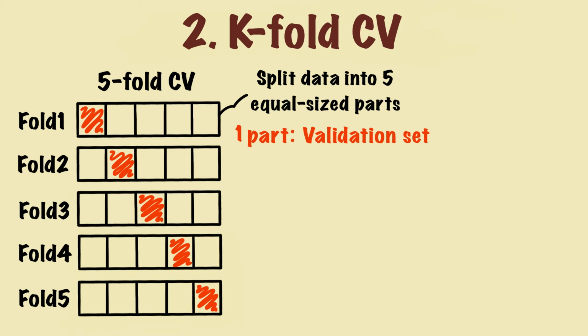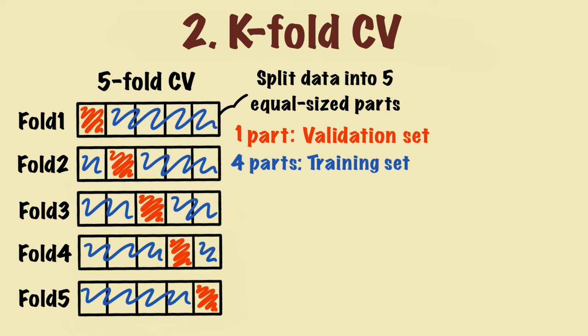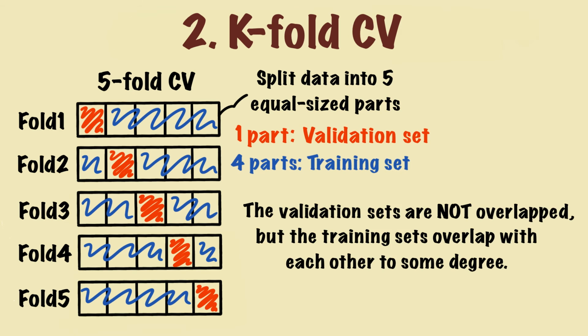Okay, the idea is we use one subset as validation set, and the subset we use is different in each fold, and all the remaining subsets are used as training sets. So you can see the validation sets are not overlapped, but the training sets overlap with one another.